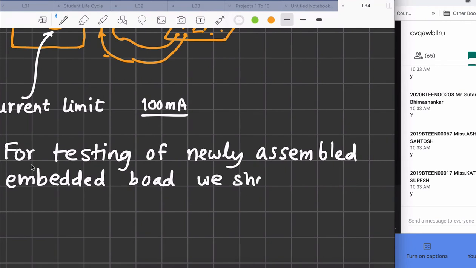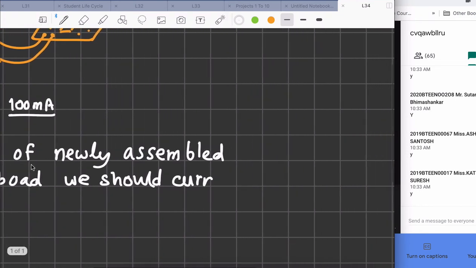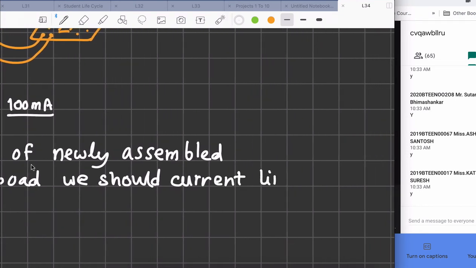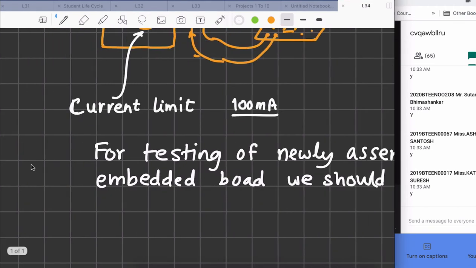We should keep the current limit to what? You can say for first testing. What is your answer?